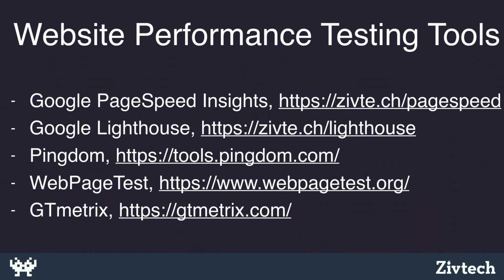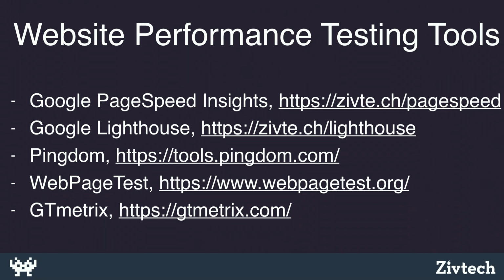The Google Lighthouse tool is actually a command line tool that runs the same tests as the Google PageSpeed Insights, and it's also the tool that runs the PageSpeed Insights for Google. So it's actually the CLI tool that they use on the back end to run that whole system.